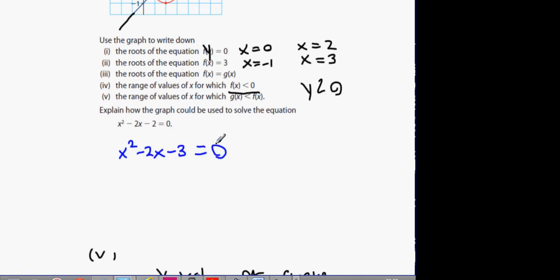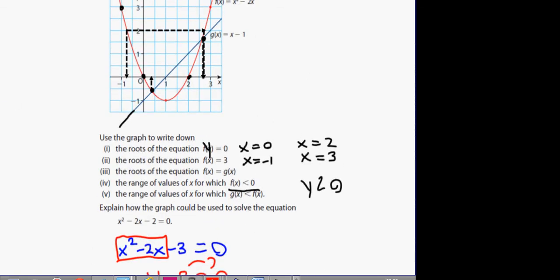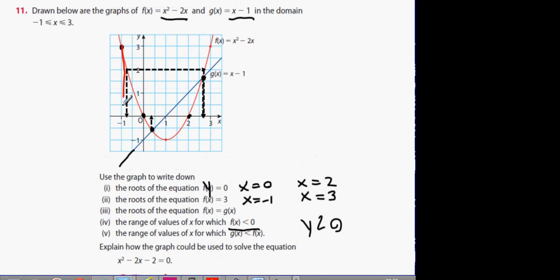How would you solve this one here? y minus 3 equals 0. Okay, and then what? And then the answers will be minus 1 and 3. Okay guys, stop this here.